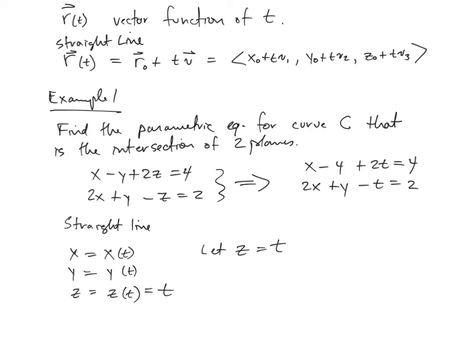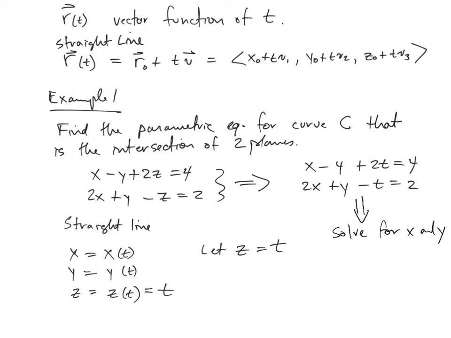I want to solve them because I want to end up with an equation for x that's just a function of t and a second equation for y that's just a function of t. Two equations, two unknowns, solve them, by Gauss elimination or substitution, whatever method you want to use.